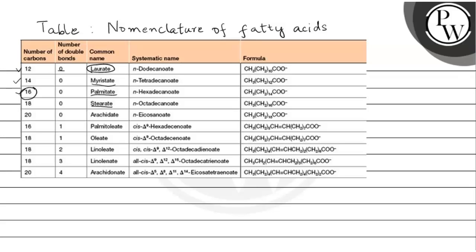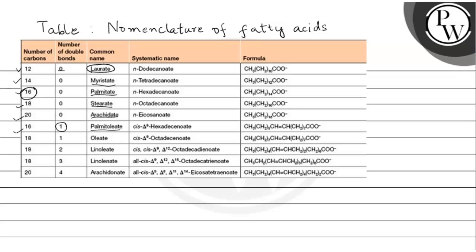Stearate has 18 carbon atoms. Arachidate has 20 carbon atoms and palmitoleate has 16 carbon atoms again, similarly to palmitic acid, but the difference here is that it has one double bond present in it.